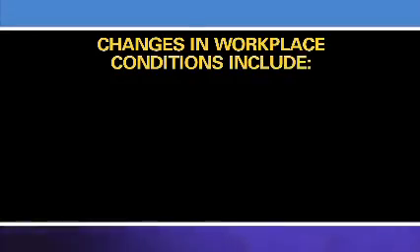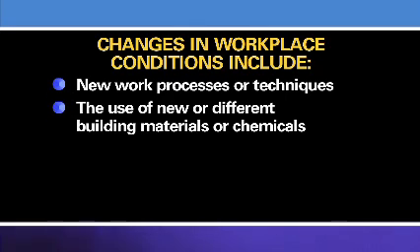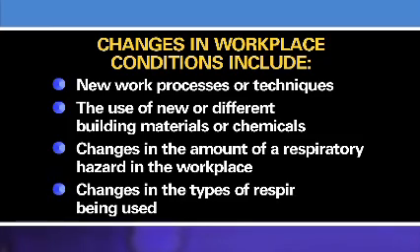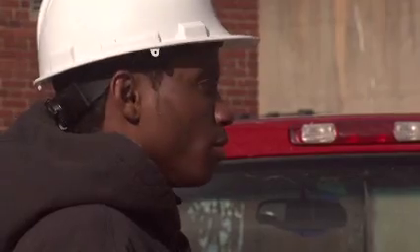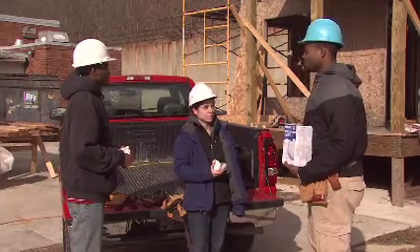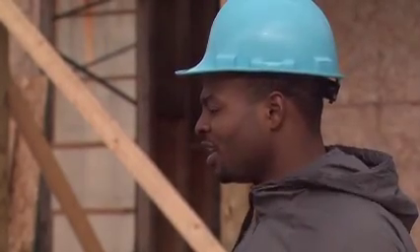For example, changes in workplace conditions could include new work processes or techniques, such as introducing sandblasting into an area, the use of new or different building materials or chemicals, changes in the amount of a respiratory hazard in the workplace, or changes in the types of respirators being used. Notify your supervisor if something changes in your workplace that conflicts with or may not be covered by your respirator training or established workplace policies or procedures.